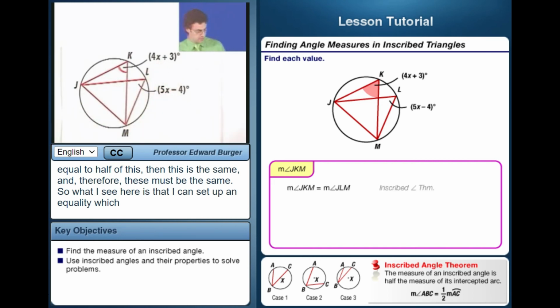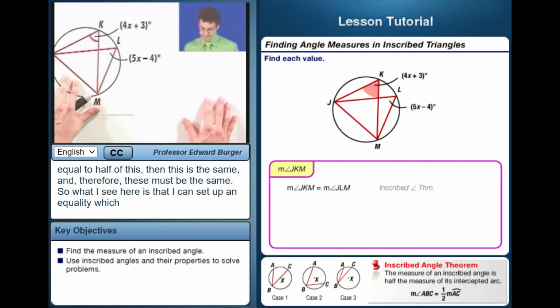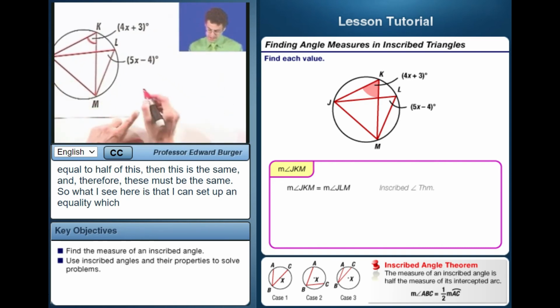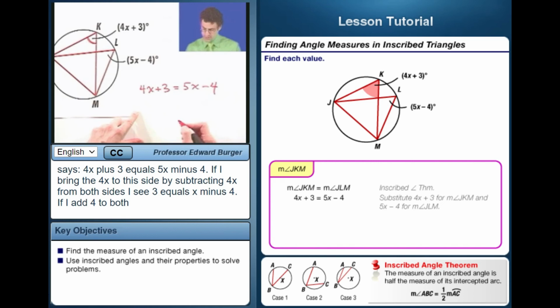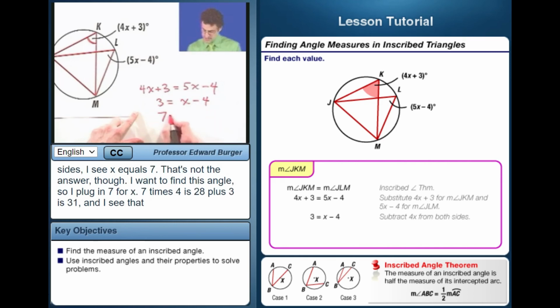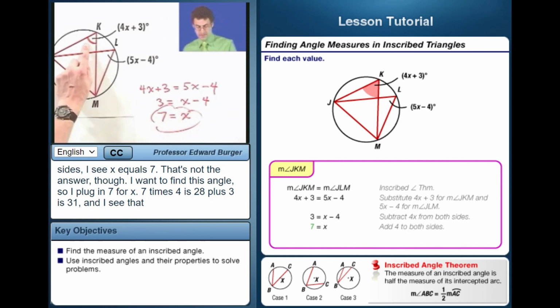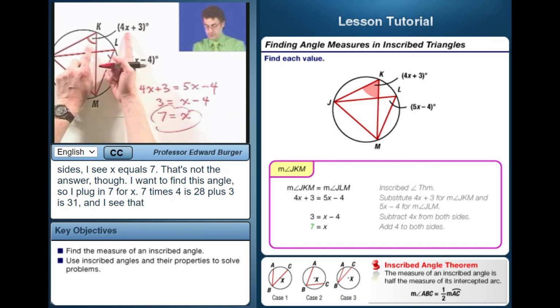And so what I see here is I can set up an equality which says 4x plus 3 equals 5x minus 4. If I bring the 4x to this side by subtracting 4x from both sides, I see 3 equals x minus 4. If I add 4 to both sides, I see x equals 7. That's not the answer, though, because I want to find this angle. So I plug in 7 for x.